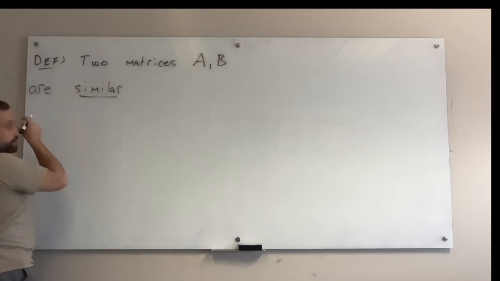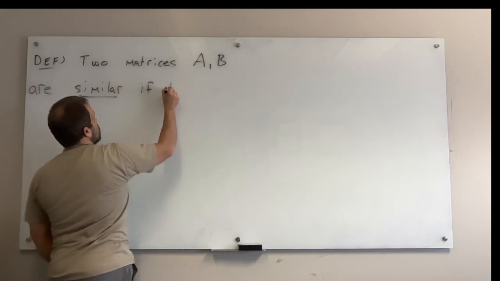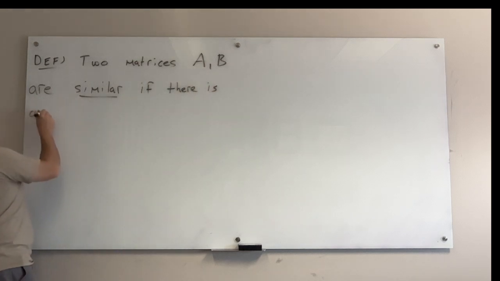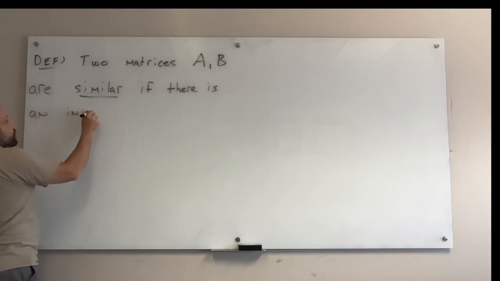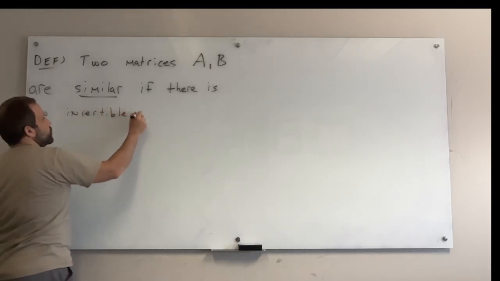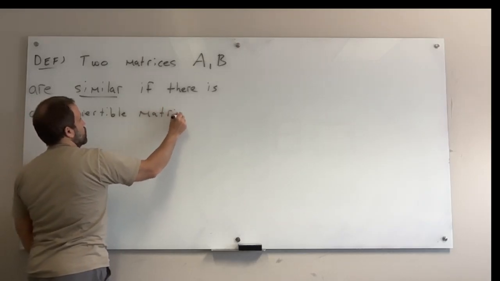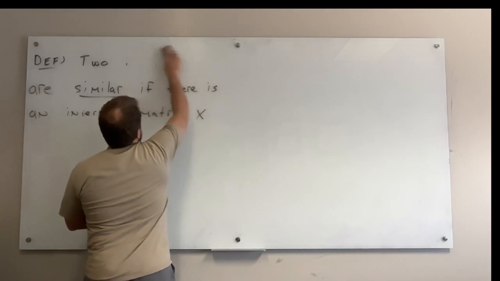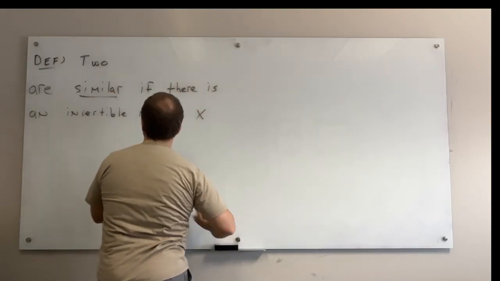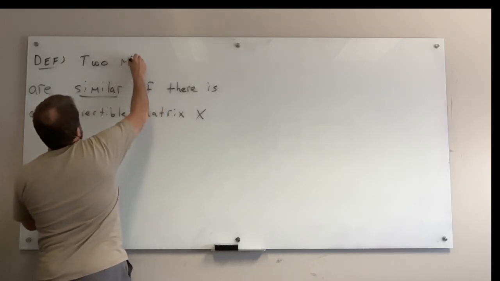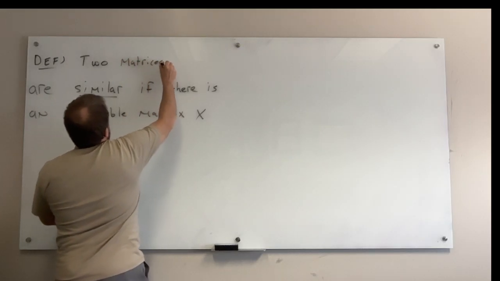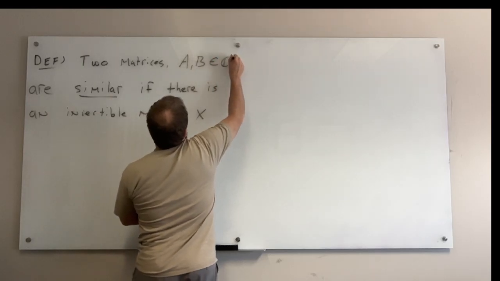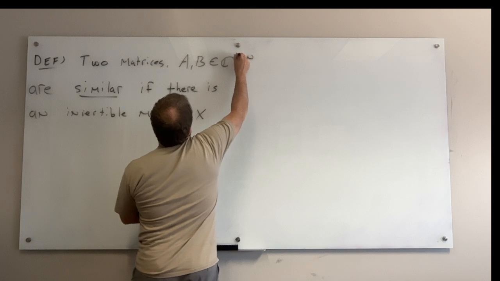That's the term I'm defining, similar, if there is an invertible matrix X, and I actually forgot something here. This part is true, but I want to make sure they have the same dimensions. So two matrices, we're going to say A and B, and we want these to be square complex matrices.